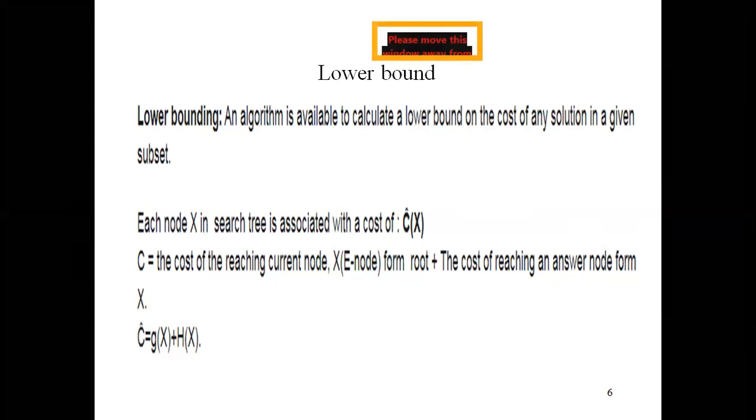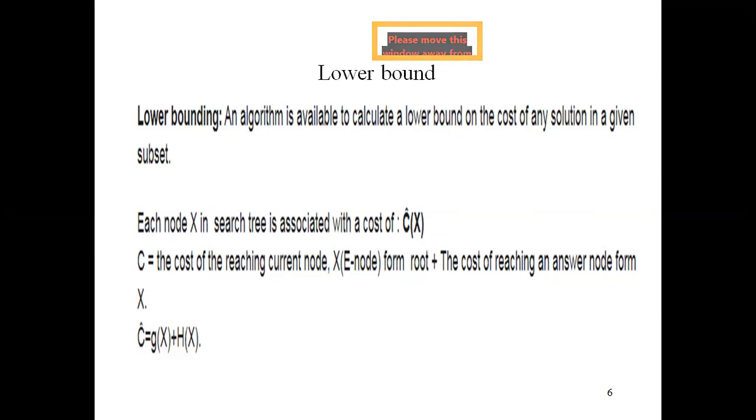So X is the E node, that is, the intermediate node. What is the cost of reaching that particular intermediate node from the root? Next, what is the cost to reach the solution node from the present node X?